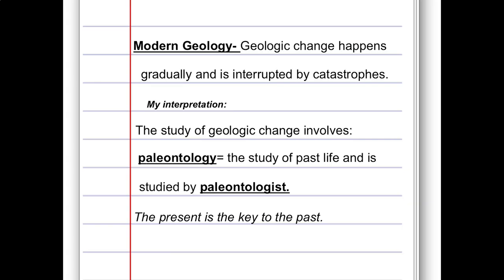Interpret what that means. Now this concludes the portion of this lesson.